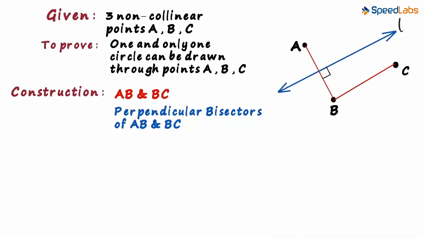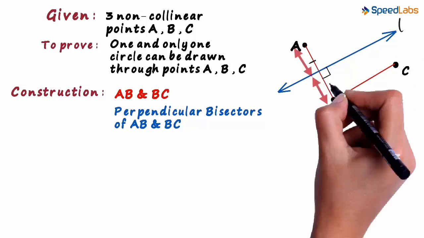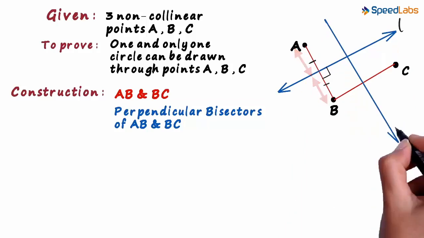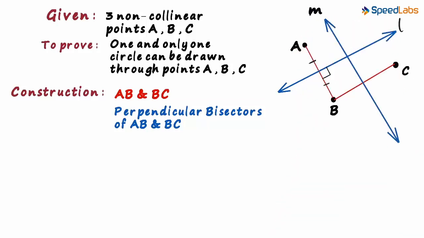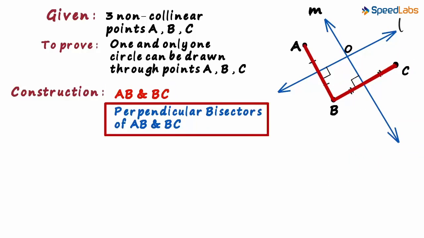So this angle will be a right angle and these 2 parts of AB will be equal. And let line M be the perpendicular bisector of segment BC. Let these 2 perpendicular bisectors meet at point O. These were the 2 steps in our construction. First, we joined AB and BC, and next, we drew their perpendicular bisectors.